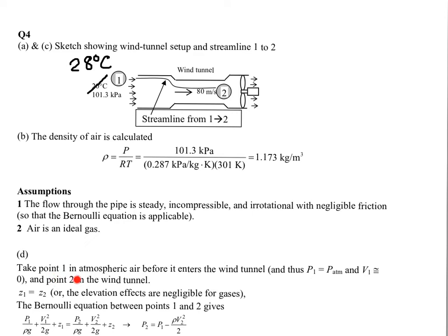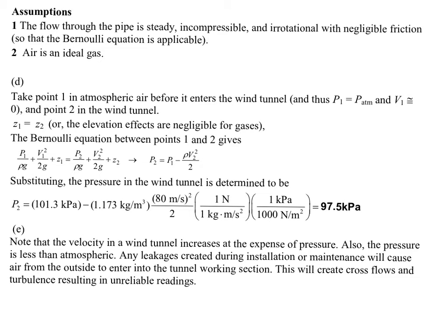And point 2 is in the wind tunnel. So in our Bernoulli's equation, the elevation effects are negligible. Essentially Z1 equals 0 equals Z2. We are not going to consider Z at all.